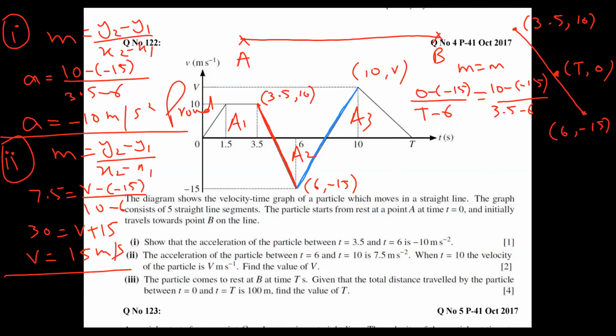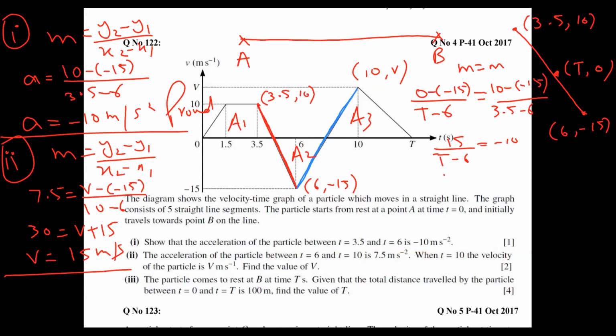No problem at all. So the numerator got 15, and down I got t minus 6. Even if I check this, 25 divided by 3.5 minus 6 comes exactly minus 10. This minus 10 is for the first part, and this 7.5 is for this part. So I'm keeping negative 10 here.